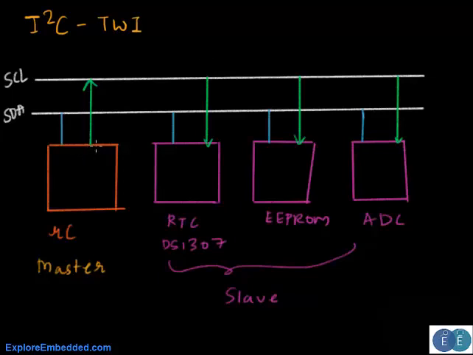One more important thing about this protocol is that the standard specifies the SCL and SDA pins on the devices to be open drain. So this is the SDA pin on the microcontroller, and this is the SCL pin on the microcontroller. Both these pins have an internal structure of this kind.